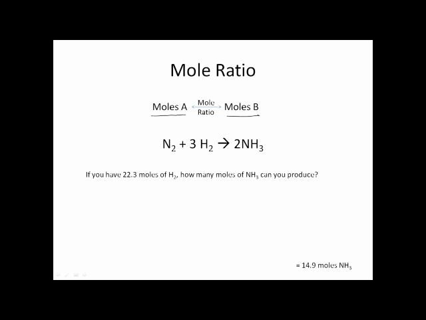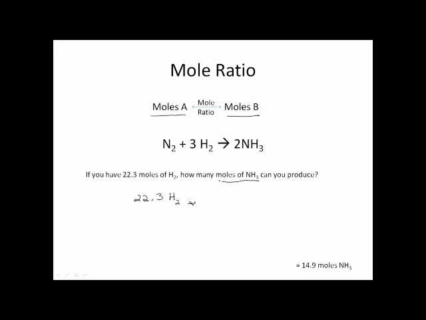So we have the same equation, and we started off with 22.3 moles of H2. That's just what we were given. We want to see how many moles of NH3 we can produce.